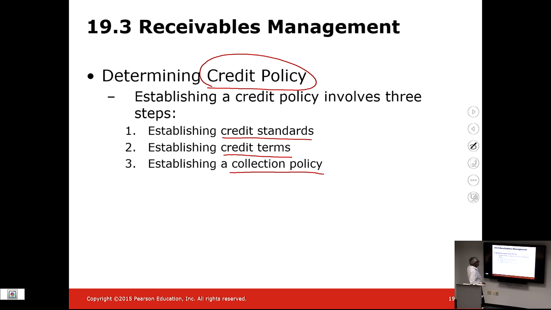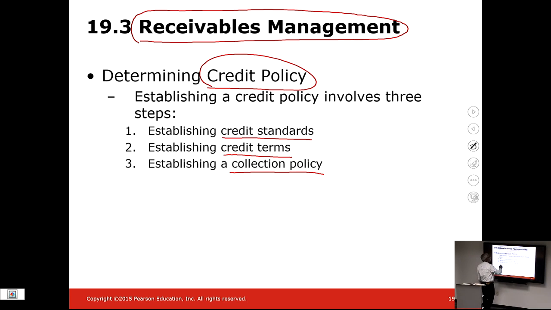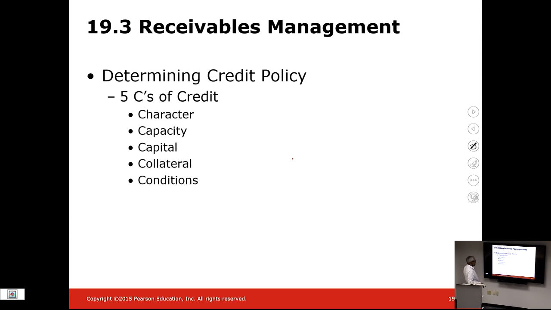So that's all part of receivables management. If the firm is doing this properly, they will be able to hopefully speed up the process of collecting on their receivables. And yet the firm may not want to push their customers too much, because if they do not offer them enough credit terms, then the customer may go elsewhere, go to the competition for their goods or services.